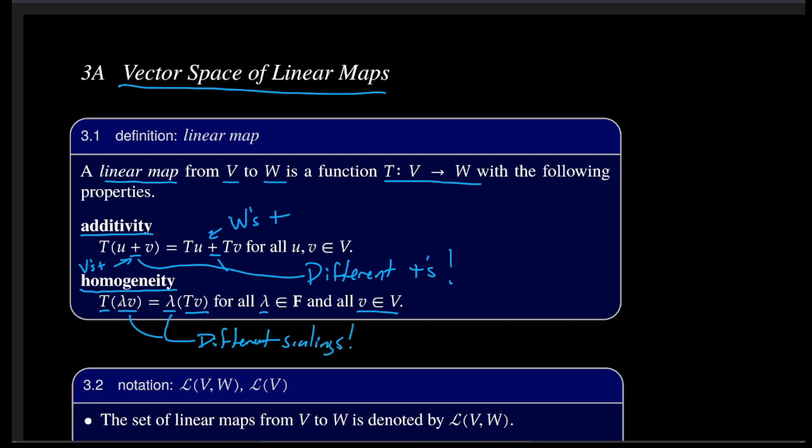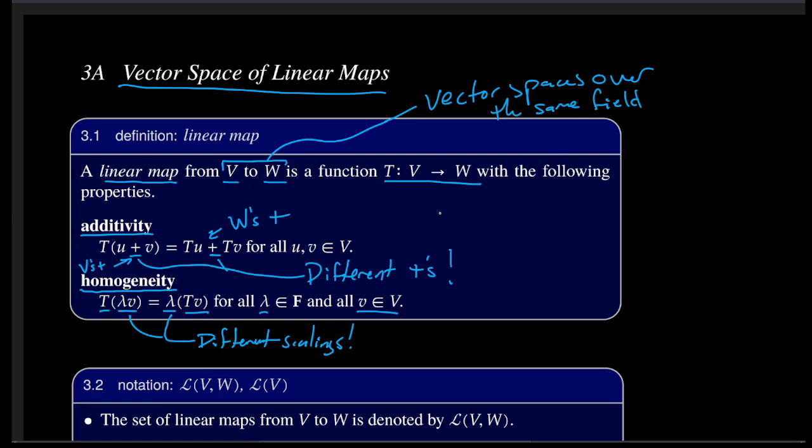One of them is the scaling in V. One of them is the scaling in W. Notice an important thing right here is that the big piece that is maybe kind of being hidden from you is that these things here are vector spaces over the same field. Or at least that's how we'll start thinking about it.